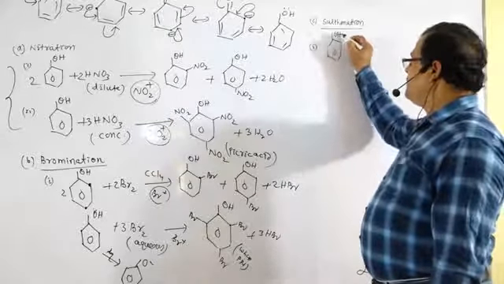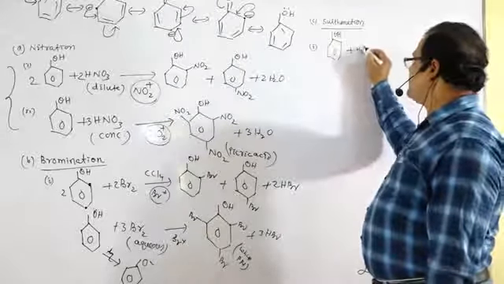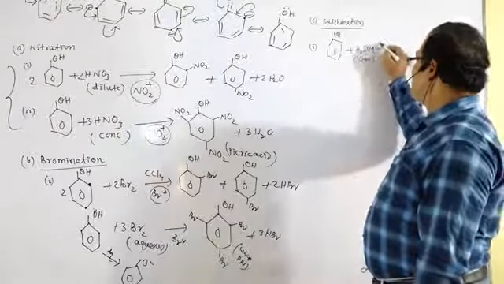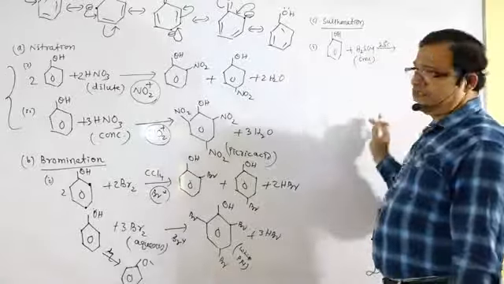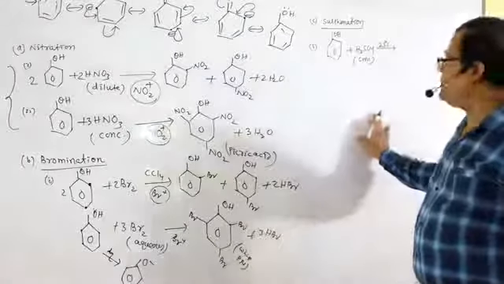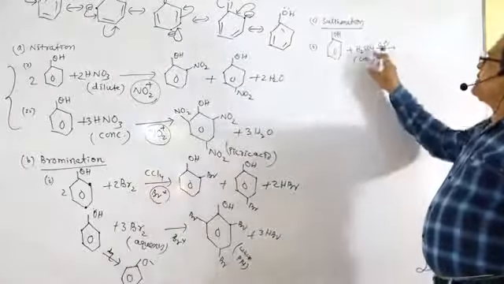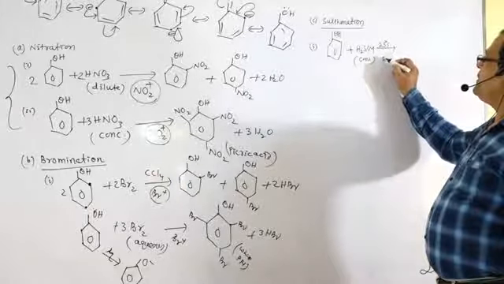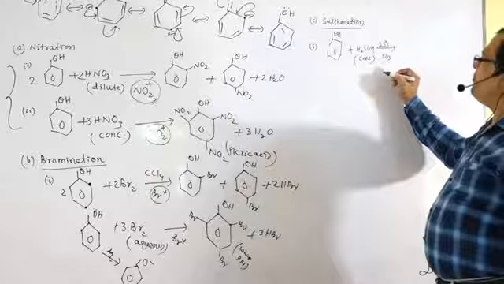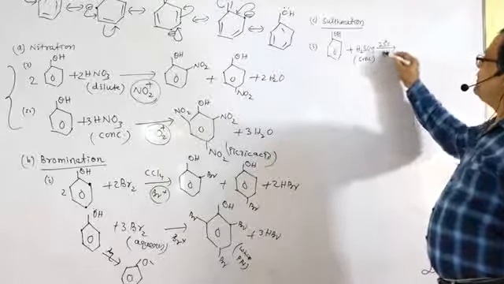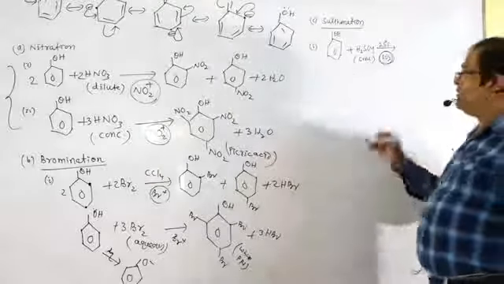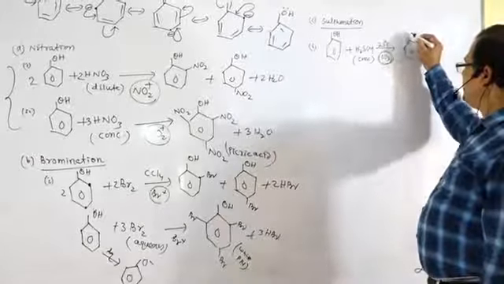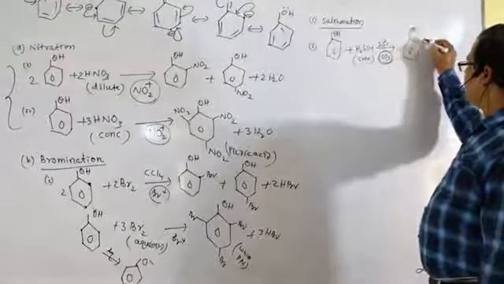Phenol is treated with concentrated sulfuric acid at about 25 degrees centigrade, and the electrophile is SO3, the neutral electrophile. The product has OH and SO3H.